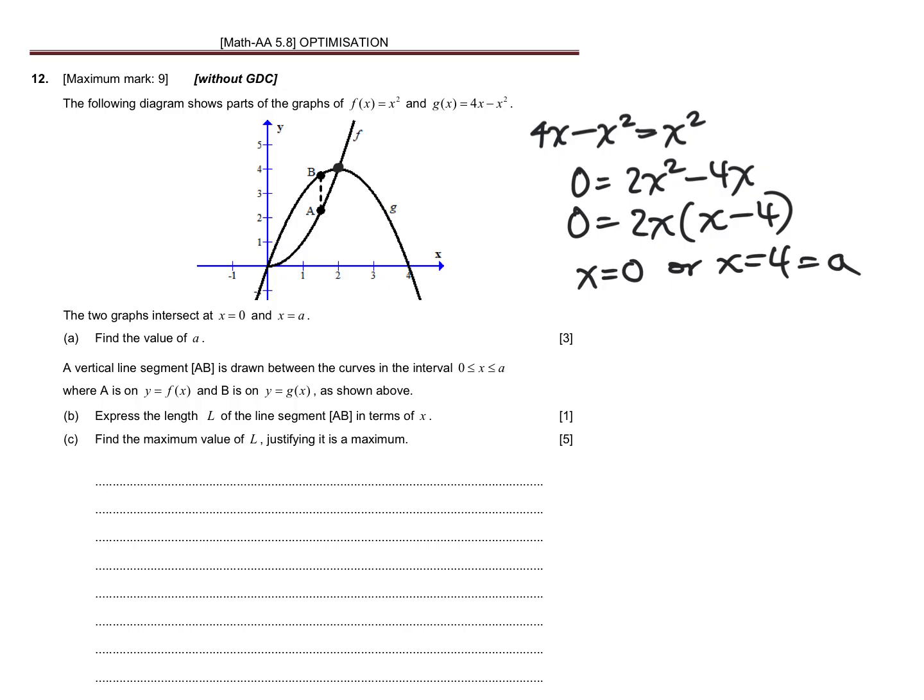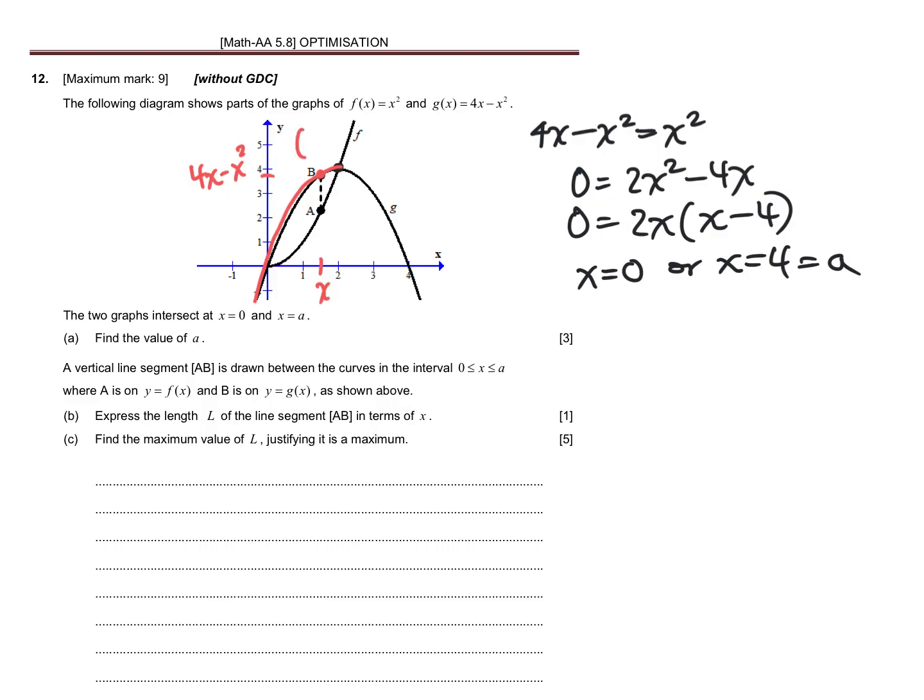The vertical line segment is drawn between the two curves from 0 to A, where A is on F and B is on G. Express the length L of the line segment in terms of x. So we're going to have B, which is on the graph of G, is going to be the point, just some random x, and this is the y, 4x minus x squared.